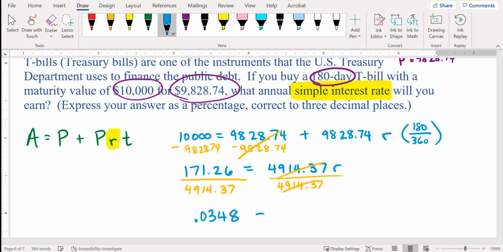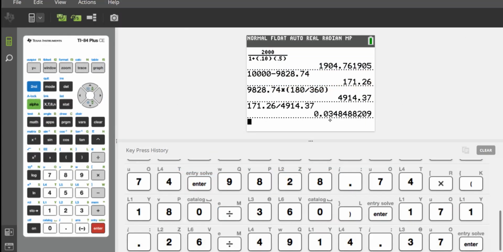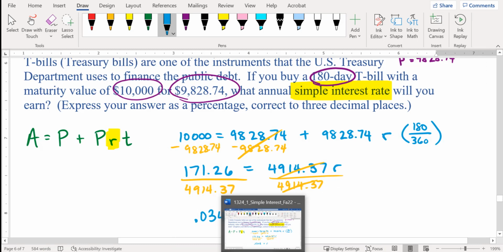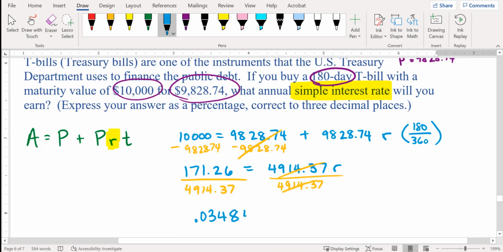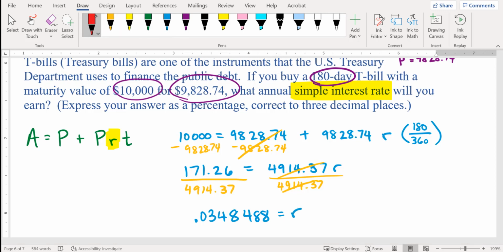So 0.0348 is equal to R. Okay, I want to express it as a percentage corrected to 3 decimal places. So I've got to move it over, and I'm going to chop it here, and I'm going to say 3.485% is my answer.